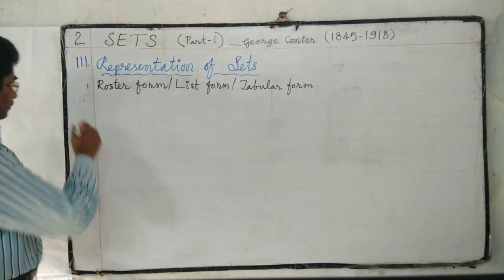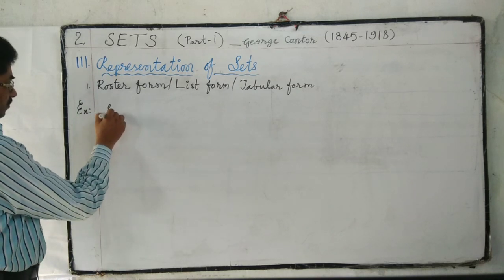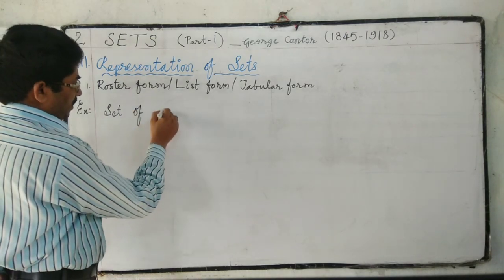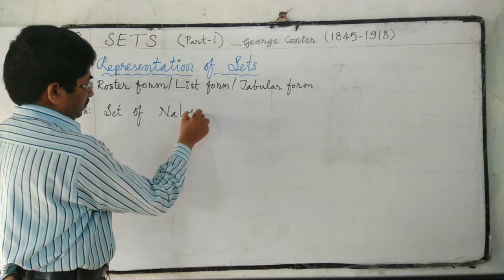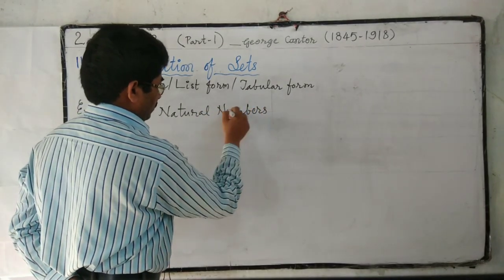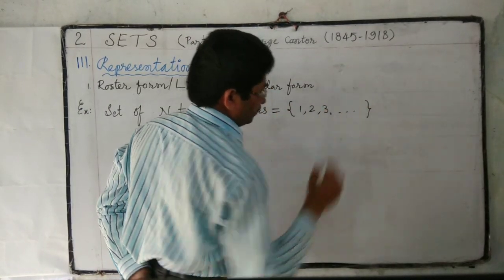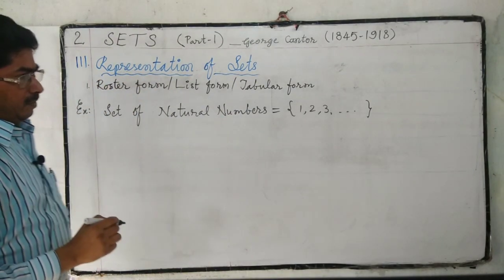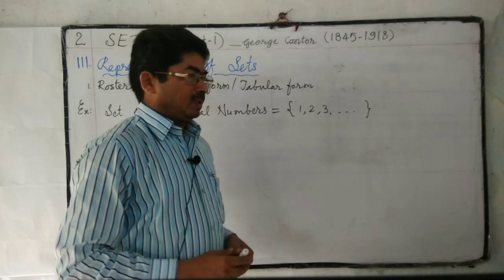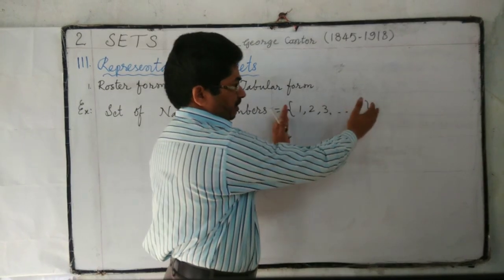For example, set of natural numbers: 1, 2, 3, and so on. We have written the numbers in order, separated with commas, and enclosed within the set bracket.